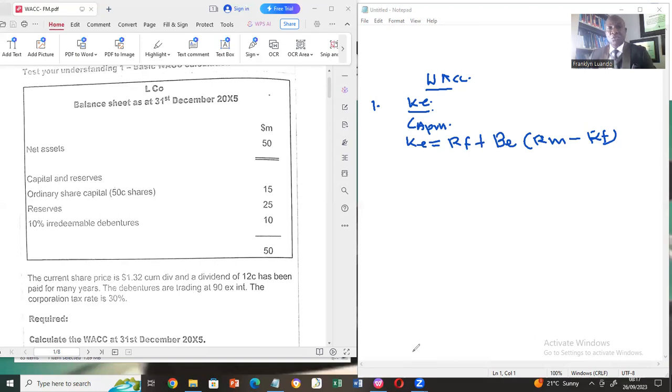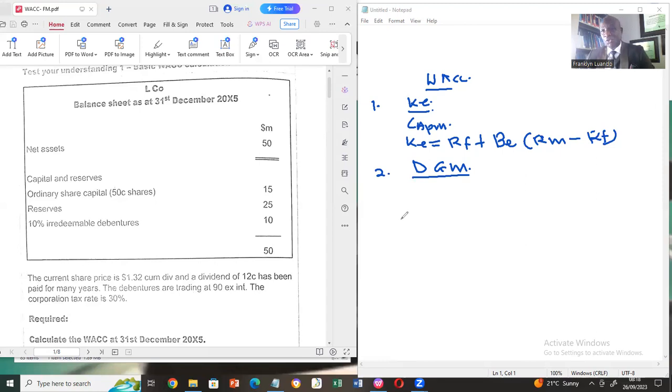Now, that's what we use. I'm not going into detail here because today the valuation model which is here is the dividend valuation model, or dividend growth model, that can be used to determine the cost of equity.